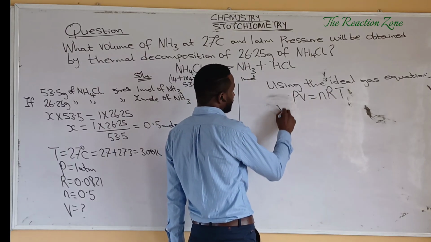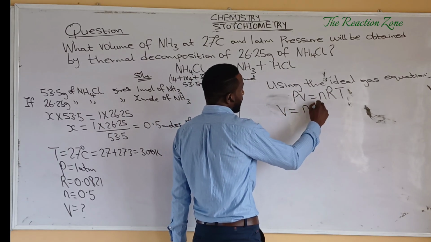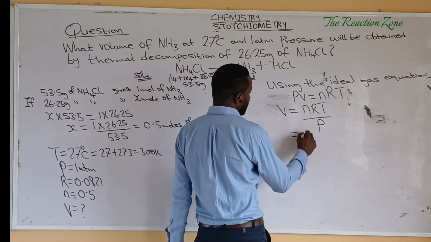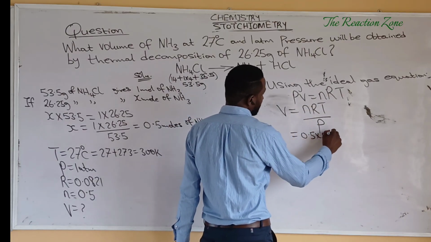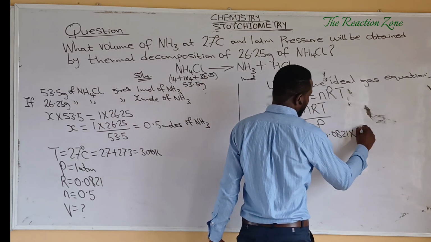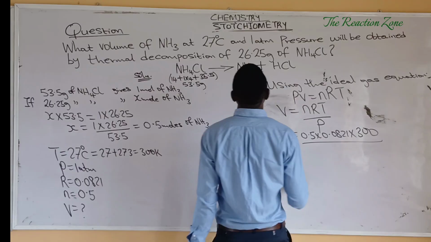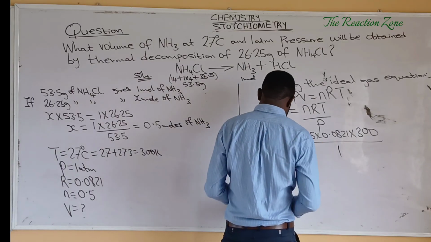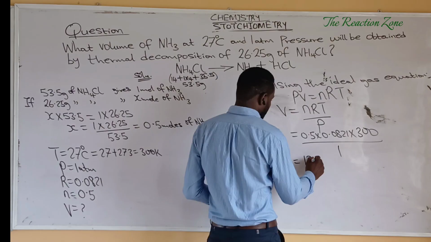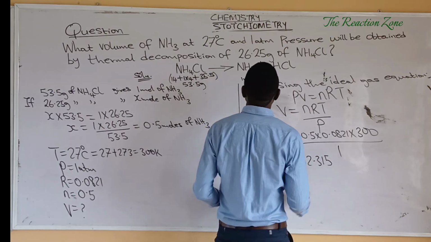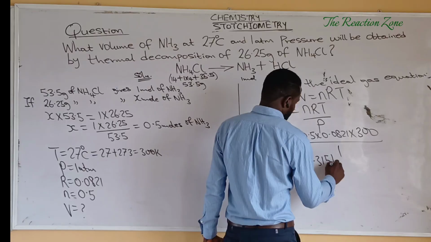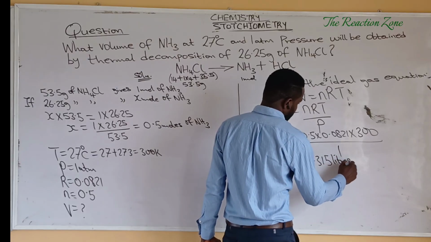Making V the subject, V will become nRT over P. And this is going to be 0.5 times 0.0821 times temperature, which is 300, over the pressure, which is 1. And this will give us 12.315 liters.